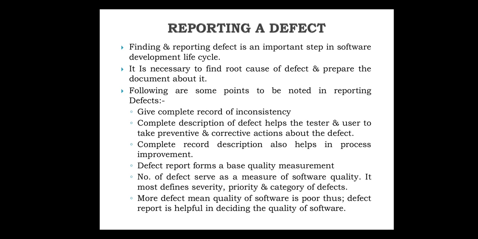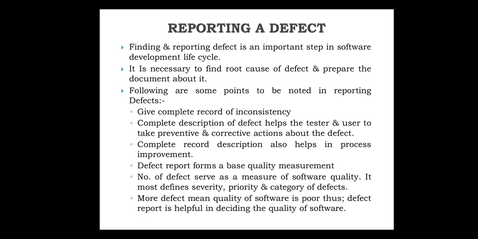Next, it is necessary to find the root cause of the defect and prepare a document about it. The following are some points to be noted in reporting defects. First one is to give a complete record of inconsistencies. Second, a complete description of the defect helps the tester and user to take preventive and corrective actions about the defect.